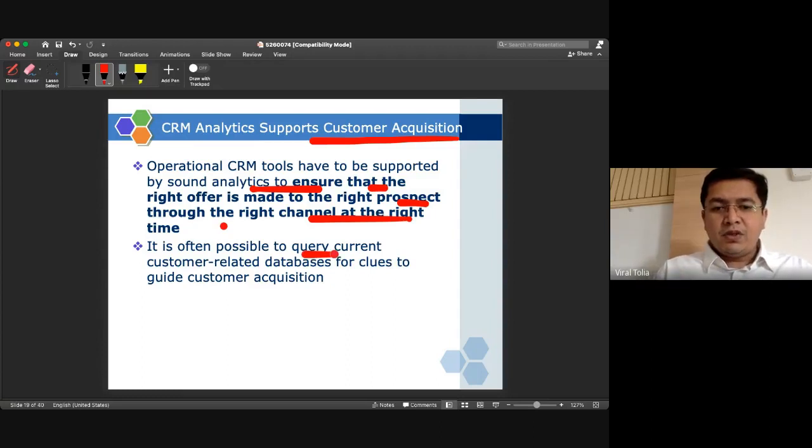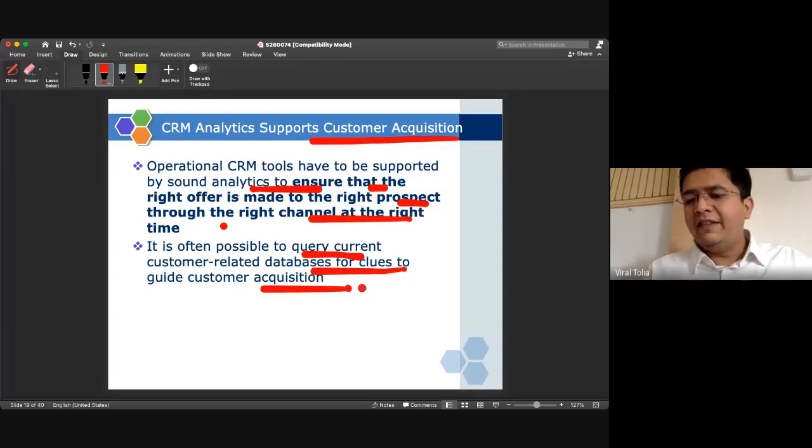It is often possible to create a customer-centric database for clues in terms of guiding customer acquisition. And when this acquisition happens, the right kind of information is generated, and the outline is comparatively better.